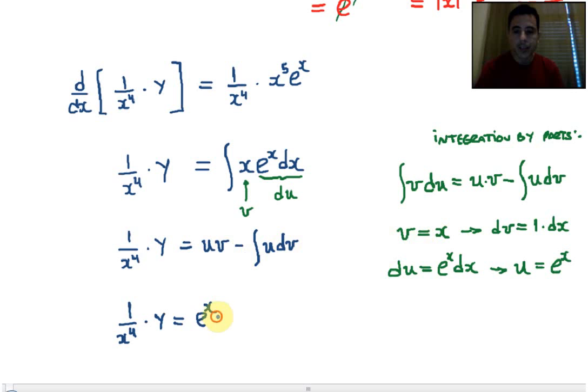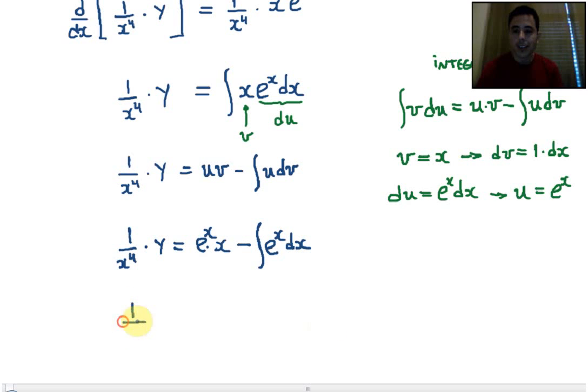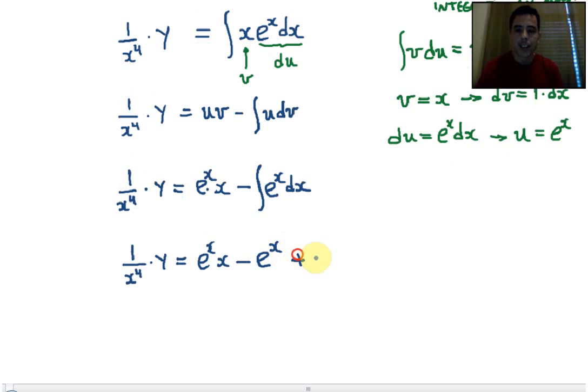V is x, minus the integral. What is u now? U here is e to the x, and dv is dx. So e to the x times x minus the integral of e to the x, which is e to the x. Let's not forget the constant c.